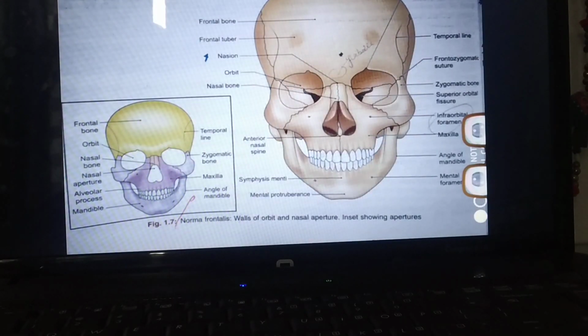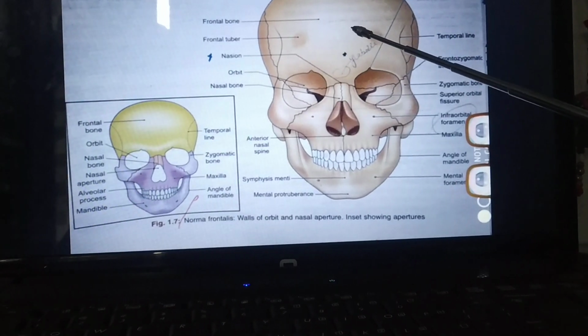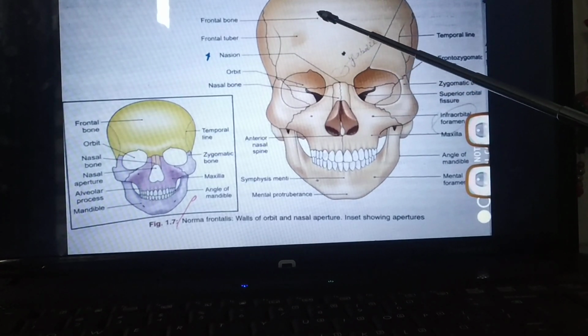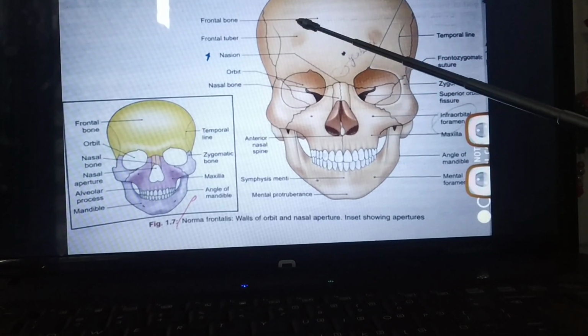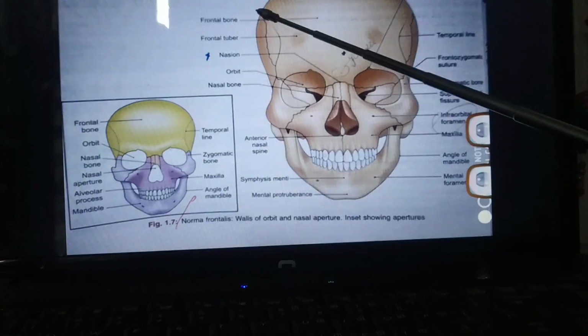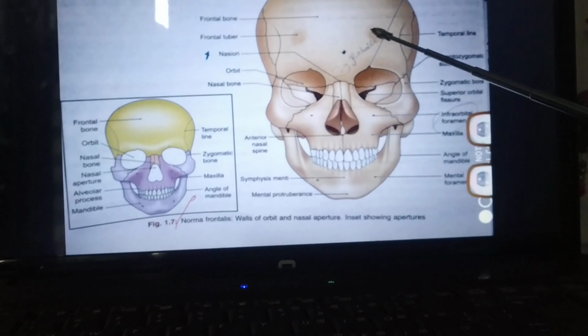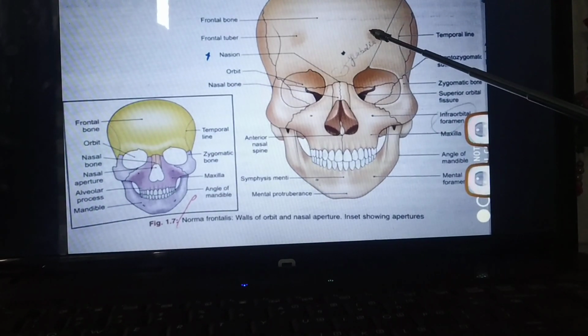This is the frontal view of the skull. That is, when we see the skull from the front, we can see all these bones. So this is the frontal bone. This is the frontal bone. These are two prominent points that are called frontal tubercles.